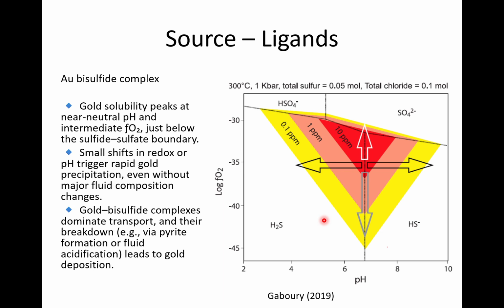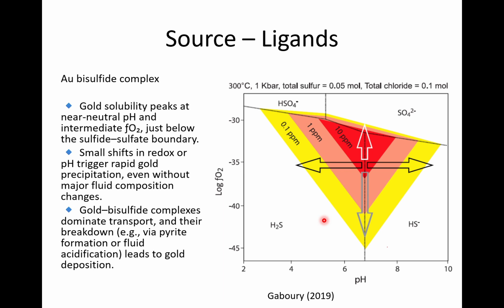Also, hydrogen sulfide is a dominant ligand transporting gold, so its consumption, for example, by pyrite precipitation, will also drive gold precipitation. So why does it matter?